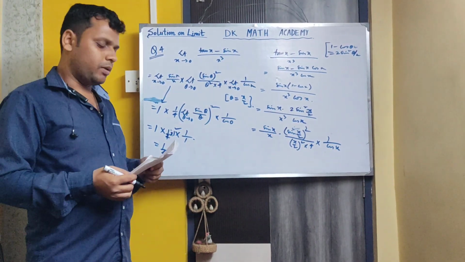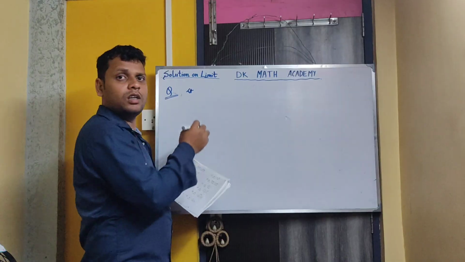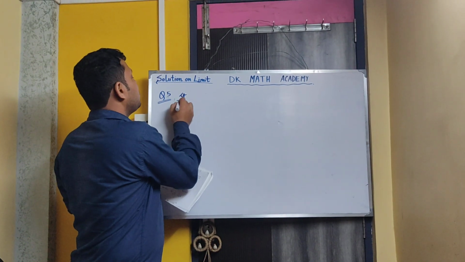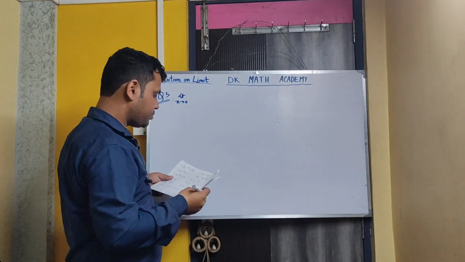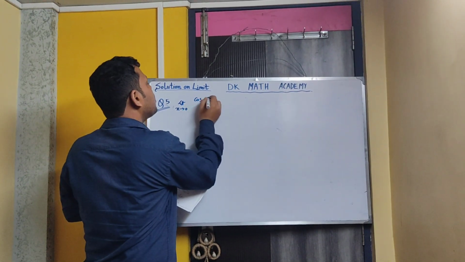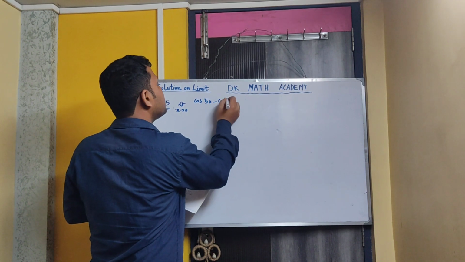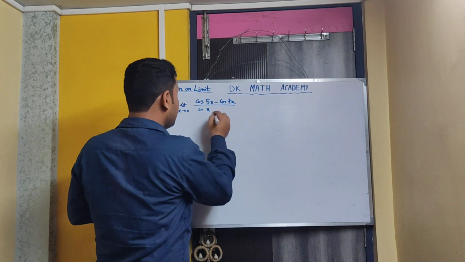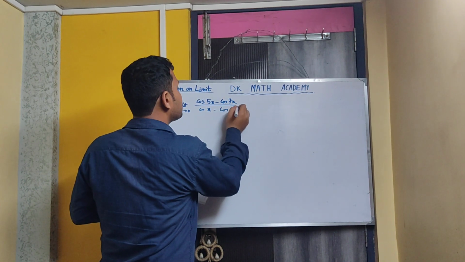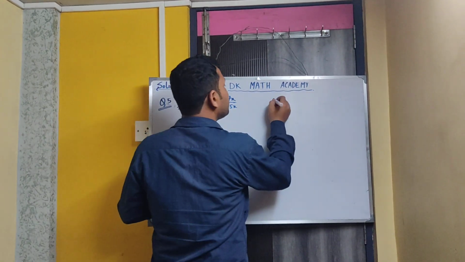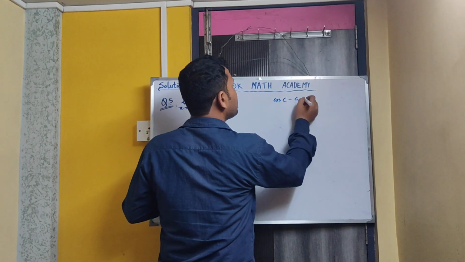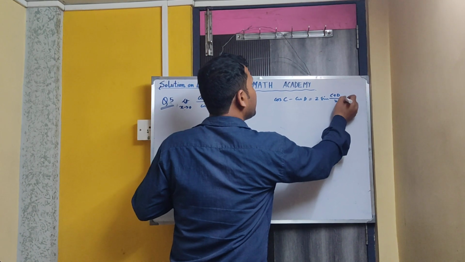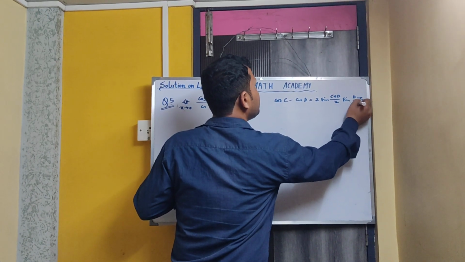We see the next problem. Limit x tends to 0, cos 5x minus cos 7x divided by cos x minus cos 5x. We know that cos c minus cos d means 2 sin c plus d by 2 sin d minus c by 2.